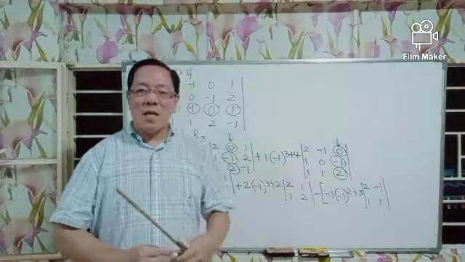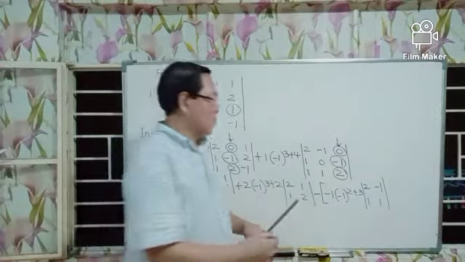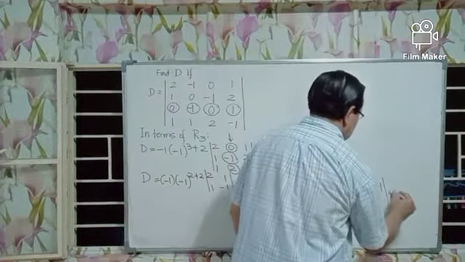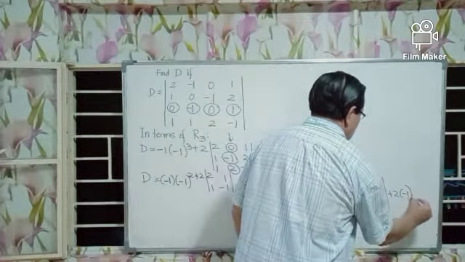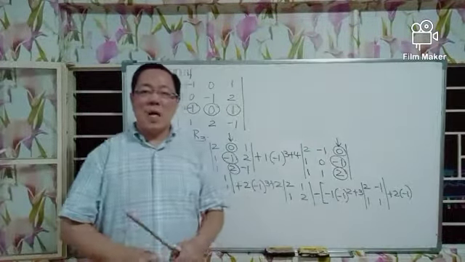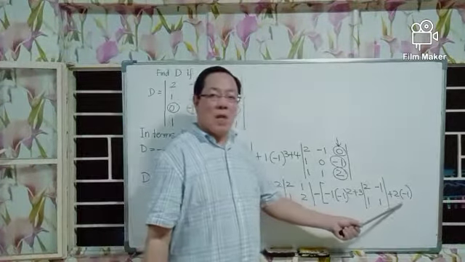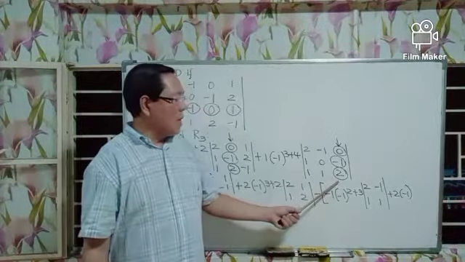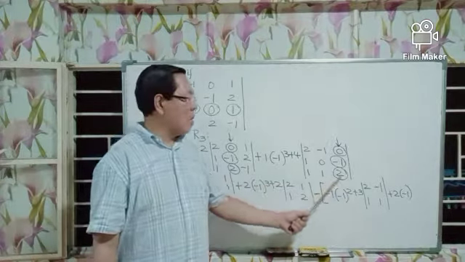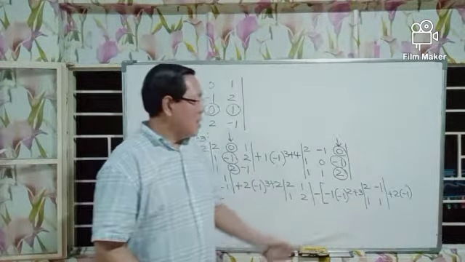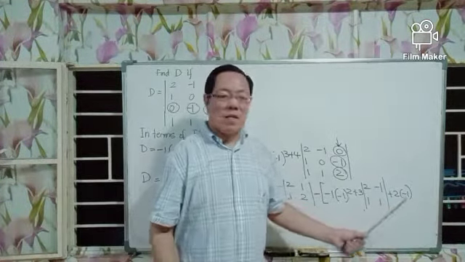Plus the last entry in the third column, 2. Multiplied by its minor given by quantity negative 1 raised to the row number of 2 is 3 and column number of 2 is 3. Negative 1 raised to 3 plus 3.